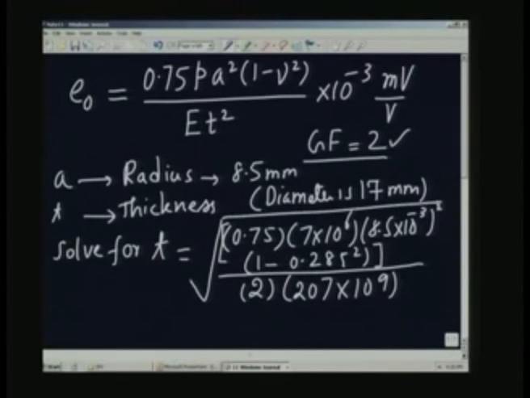This whole thing gives you a value of 0.918 millimeter. So, the thickness of the diaphragm gauge is given by this quantity.